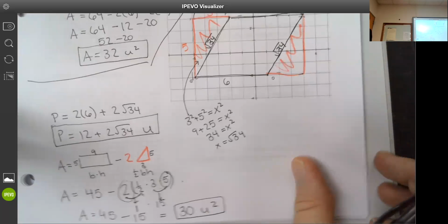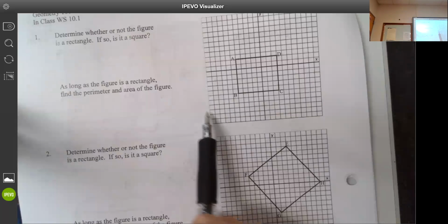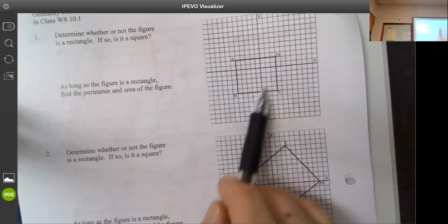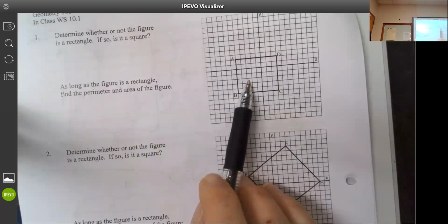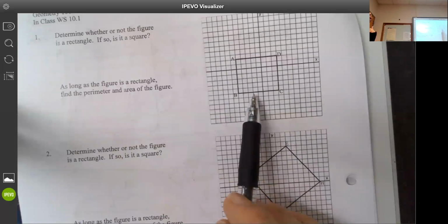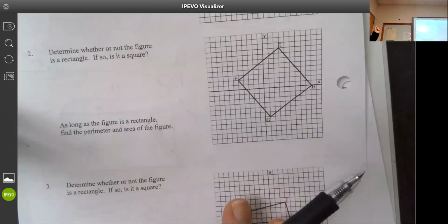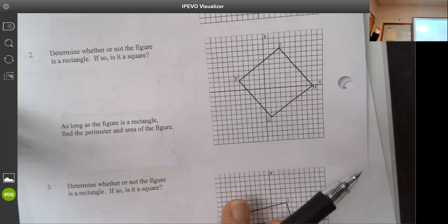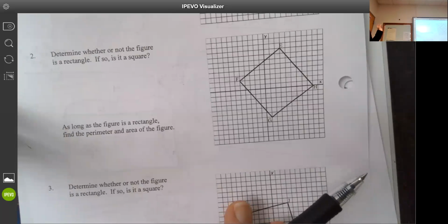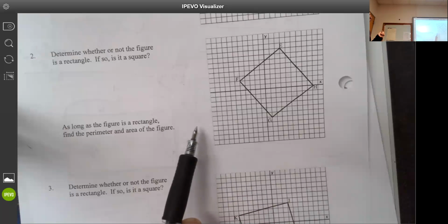So you're going to do a little bit of classwork here so we can check ourselves. And there's 3 similar to the 3 we just did. Now the first one's lying flat on the graph, so I'm not going to need to subtract out the triangles. The other 2 are tilted, so I want you to try that, like make a big rectangle or triangle or square and subtract the triangles away to find the area.